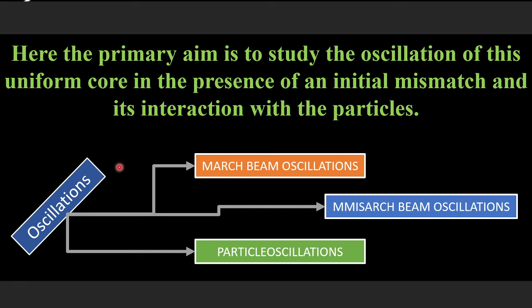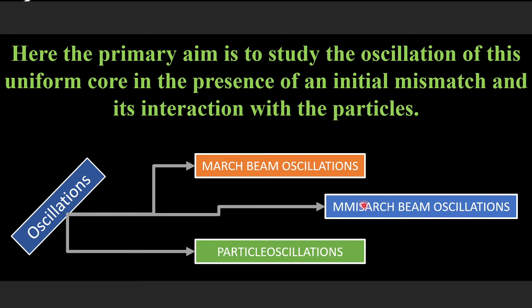Now, if it is clear, then you will easily understand that there are three types of oscillations in the system. First, matched beam oscillation. As I showed you in the earlier animation, the beam oscillates even if it is matched, with the period that corresponds to the period of the lattice.